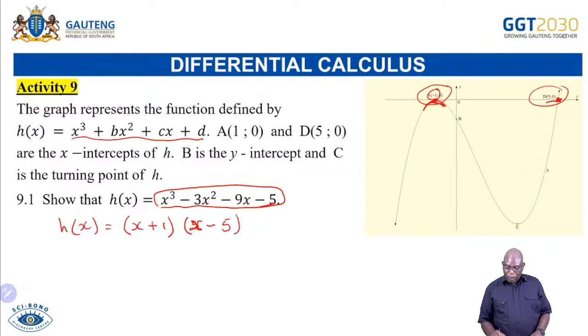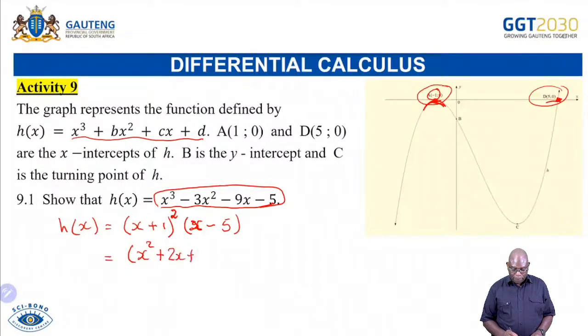Then I know that here I've got two things, a turning point and an x-intercept. So what I need to do is put a square on the one where we have two things. So if I work this out, x plus 1 all squared will give me x squared plus 2x plus 1, multiplied by x minus 5. If I multiply out these two brackets, I'll have x cubed.